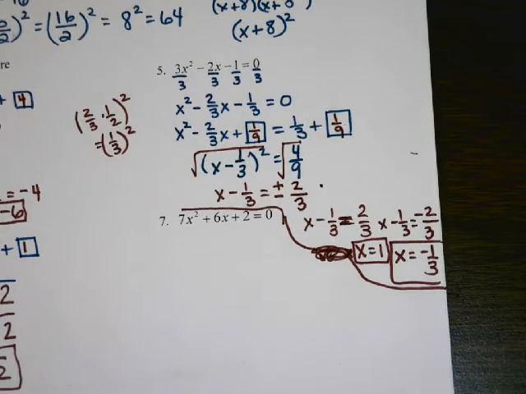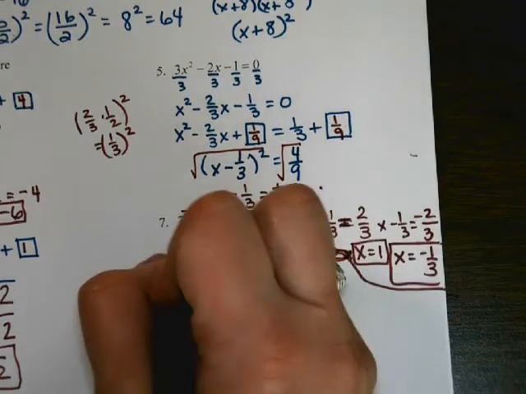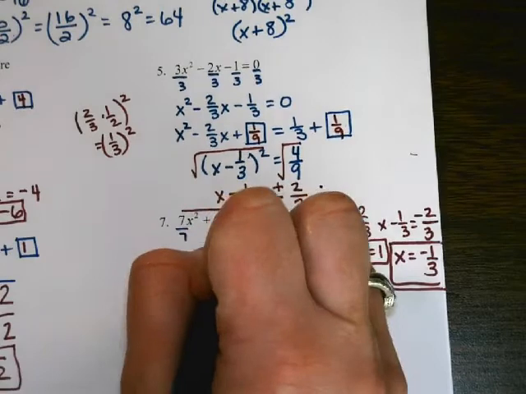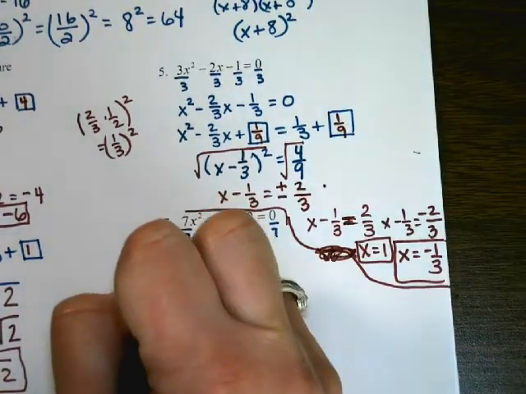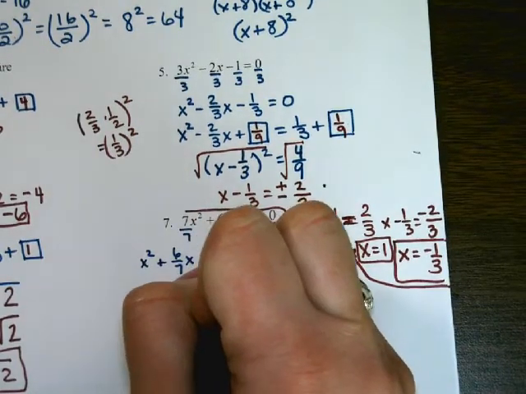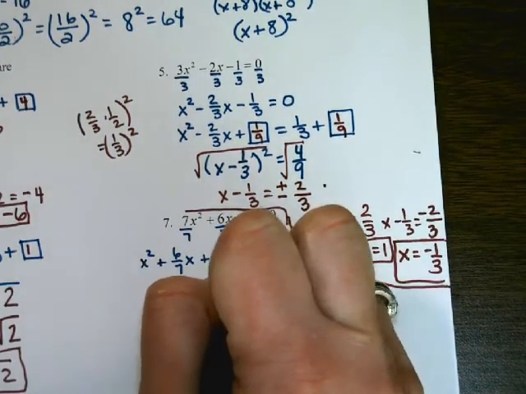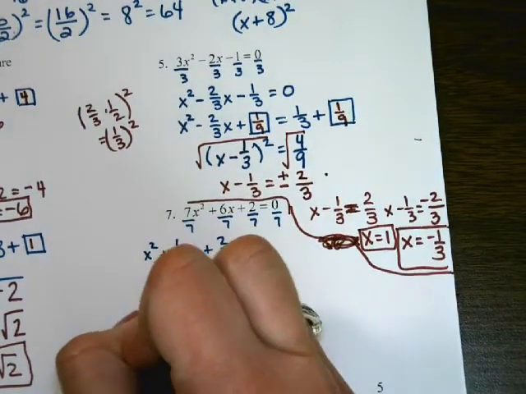And right now I have 7x squared plus 6x plus 2 equals 0. How can I make him 1? Divide everybody by 7. Okay, so I have x squared plus 6/7 x plus 2/7 equals 0. So now I'm going to subtract the 2/7 and add in my boxes.